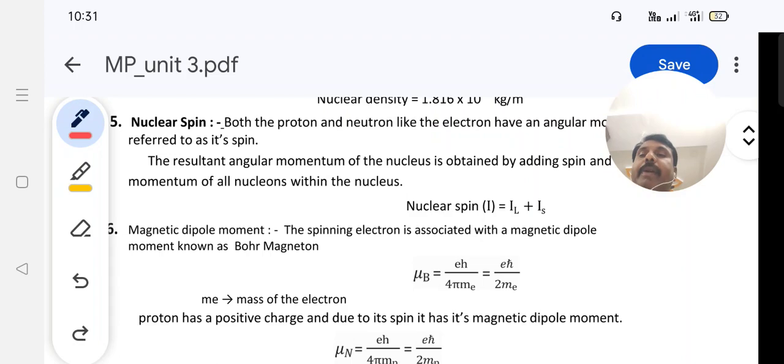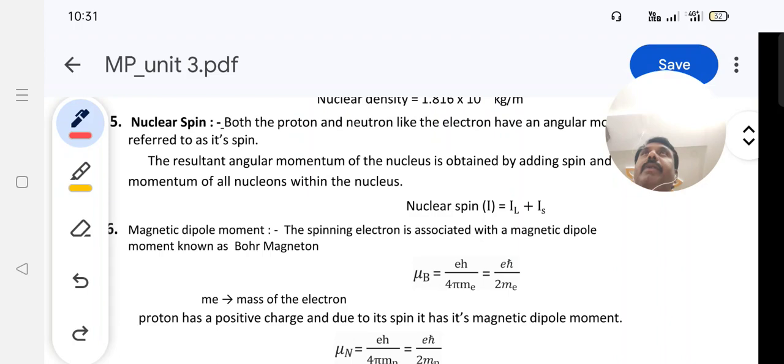The next property is nuclear spin. We know that protons and neutrons have angular momentum just like electrons, which is referred to as spin. The resultant angular momentum of the nucleus is equal to the sum of the spin and angular momentum of all nucleons within the nucleus.